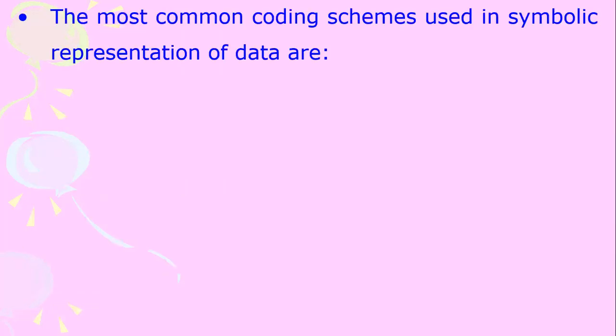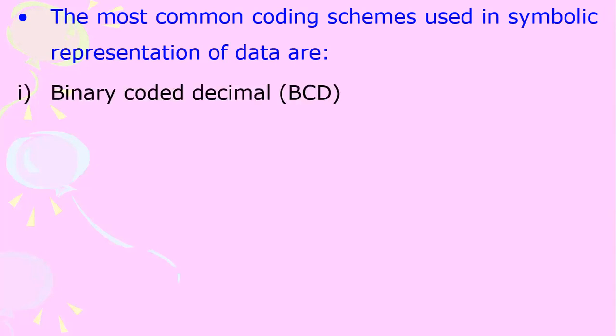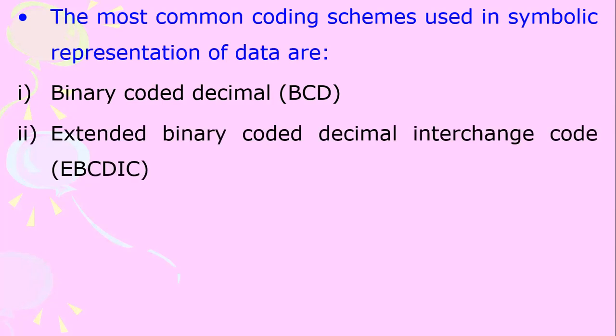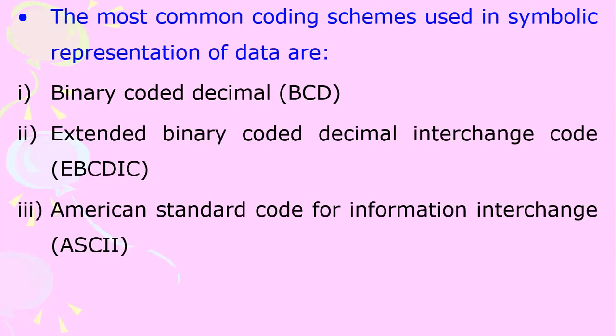The most common coding schemes used in symbolic representation of data, on the other hand, are: 1. Binary Coded Decimal, BCD. 2. Extended Binary Coded Decimal Interchange Code, EBCDIC. 3.